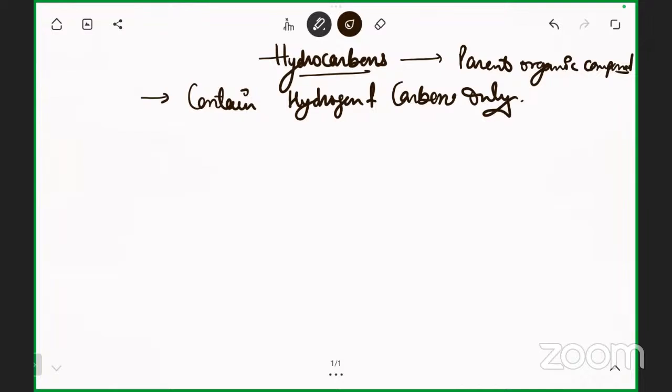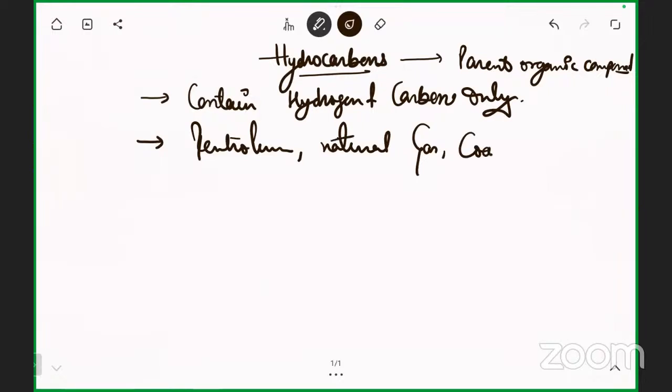Okay. If I talk about where we get these hydrocarbons, they are widely distributed in the form of petroleum, natural gas, and then you have coal.